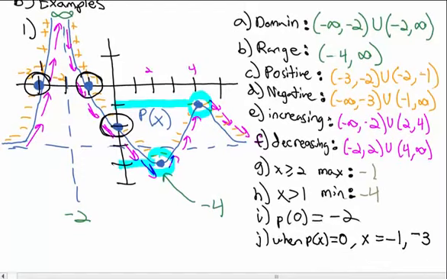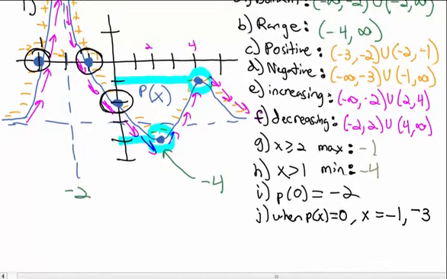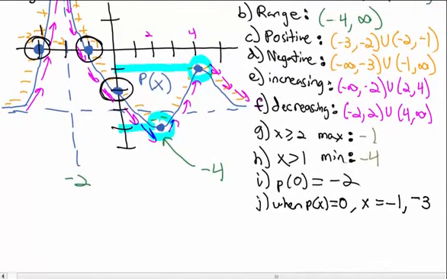How about this? Let's see if I can scroll without losing too much of the graph so that we can still solve problems. When p of x is -3.